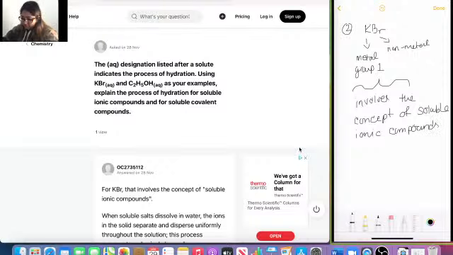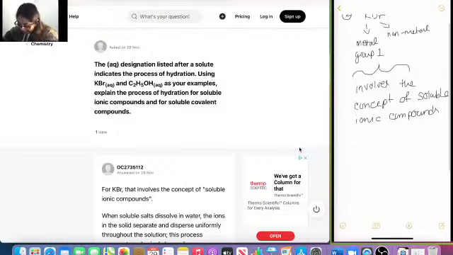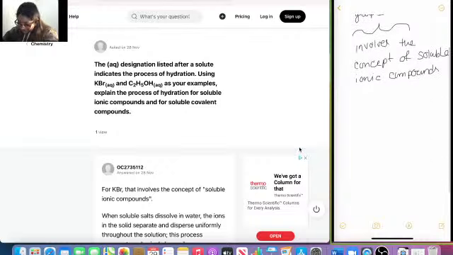You can see this is an ionic compound. Basically, when a soluble salt dissolves in water, the ions in the solid separate and spread throughout the solution.